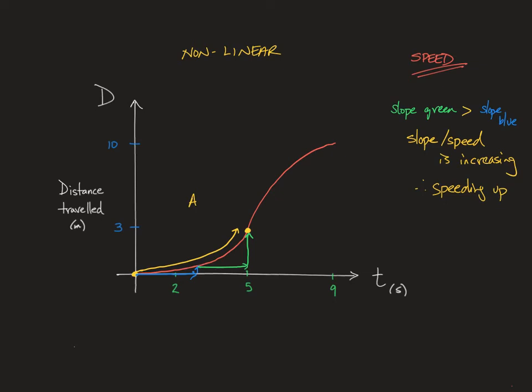And so when I happen to see a graph that curves upwards like this, where it becomes steeper as I move along, then I know that means slope is increasing. And we should be able to translate that then to speeding up.